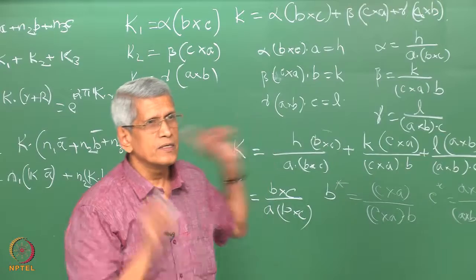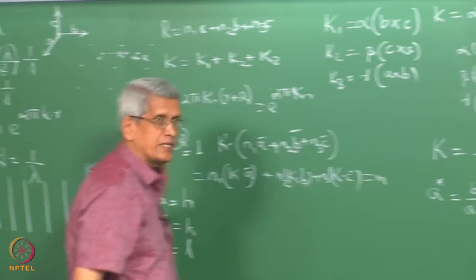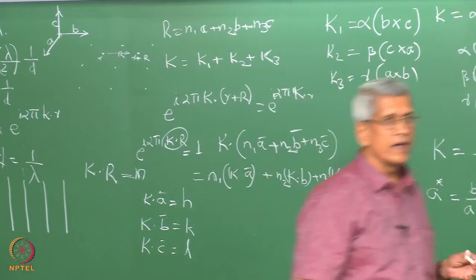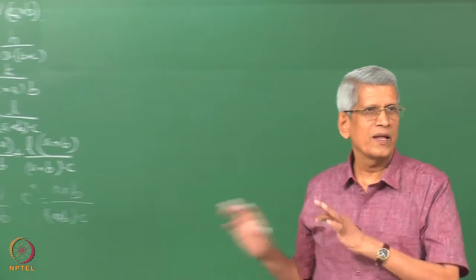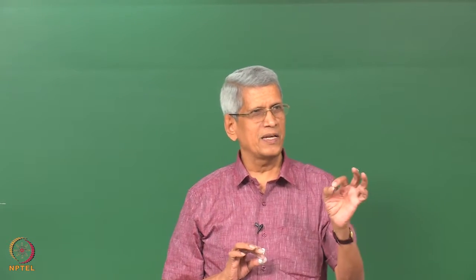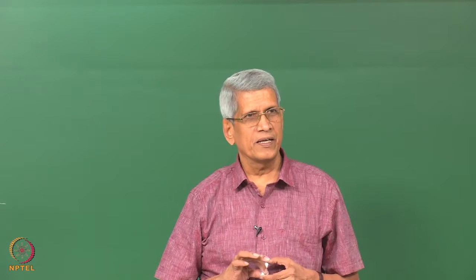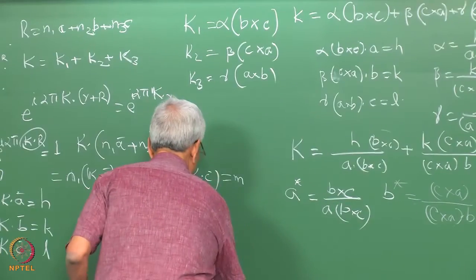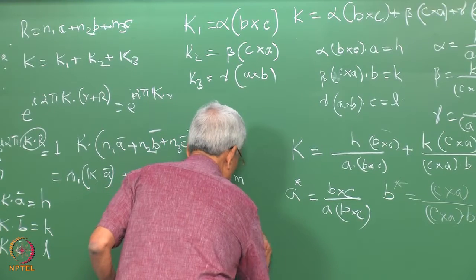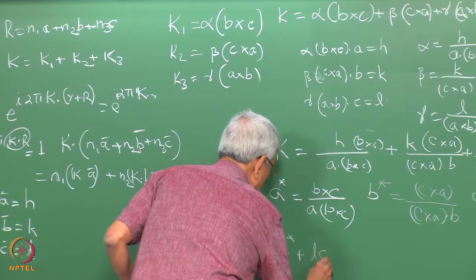So, using this simple relationship that k dot r has to be an integer, we have just derived an expression for the relationship between k, right? And the k is nothing but h into A star plus k into B star plus L into C star.